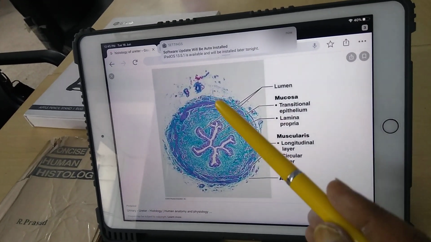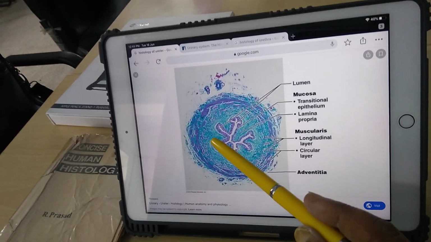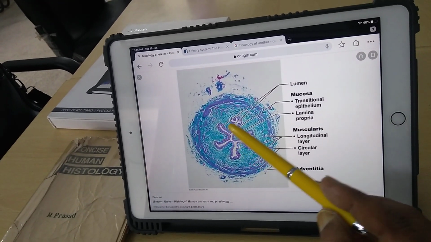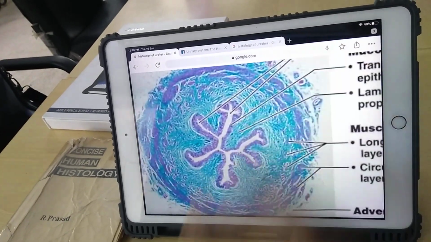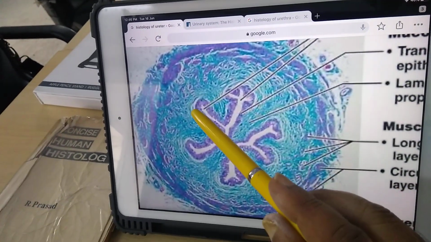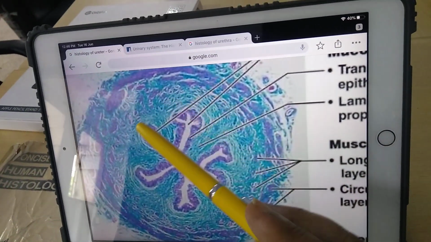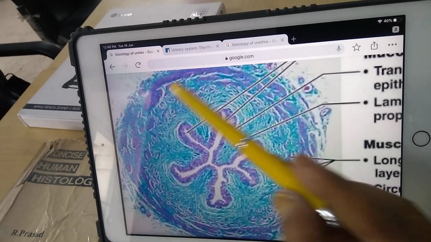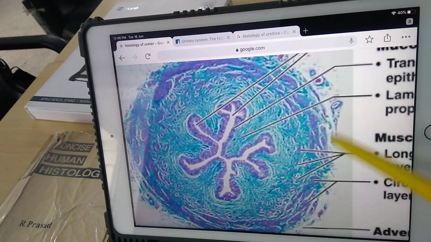You can see this is the lumen, which is star shaped. This is the mucosa. The lining epithelium of the mucosa is transitional epithelium. This is the muscular coat, and the outer part is the fibrous coat.